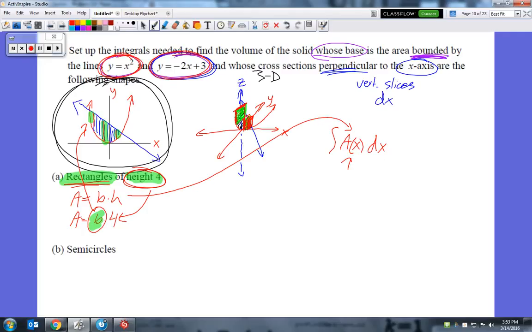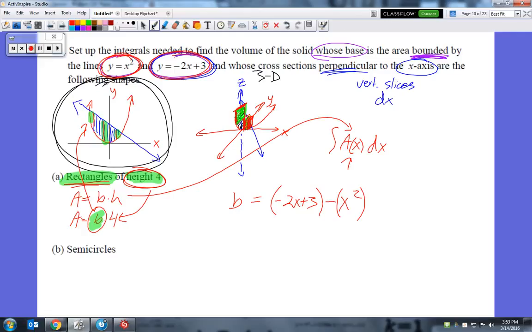So I'm going to say the top function is negative 2x plus 3, and I subtract the bottom function of x squared. Technically this is b. And it'll change throughout the x's because, like I said, at the ends it'll be smaller, and in the middle it'll be bigger because there's more length between the two functions. Okay, so that's b, and it's ever changing throughout this entire interval.